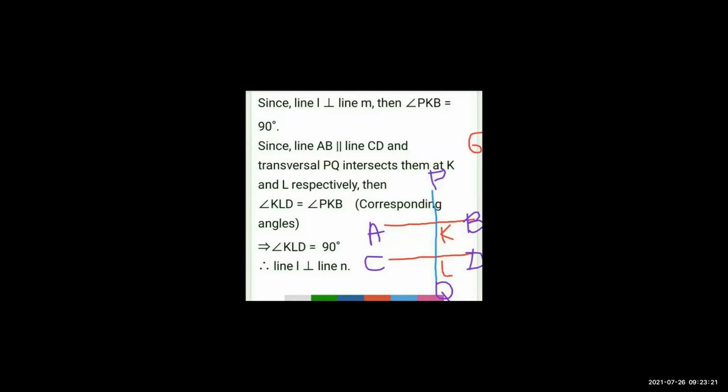Now, as we know, the transversal PQ is perpendicular to the first line, line M. Therefore, the angle formed, this angle PKB, is 90 degrees, because this is the perpendicular drawn.